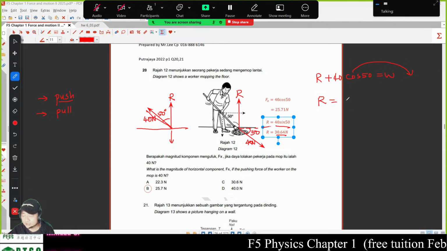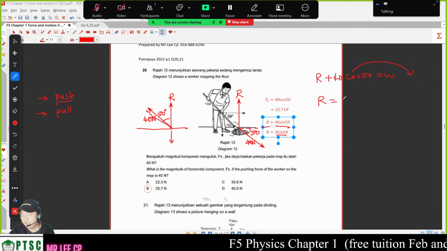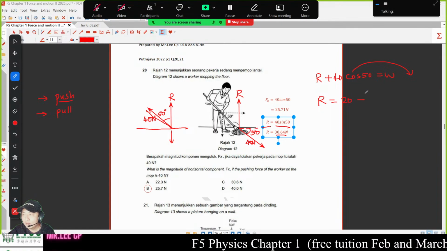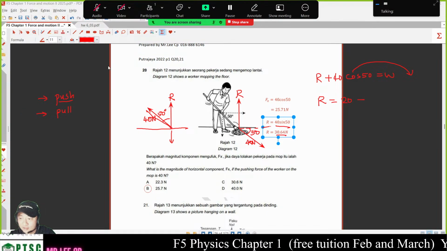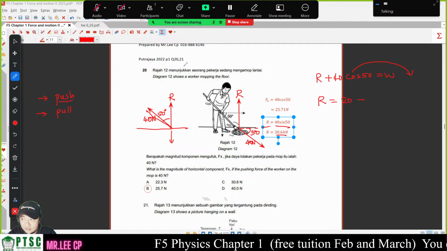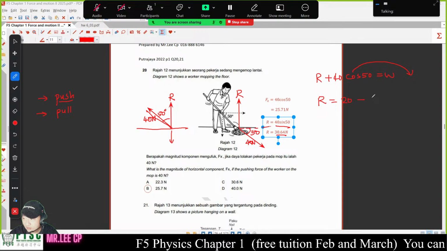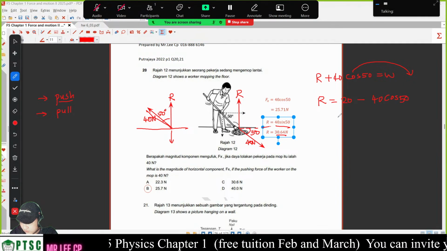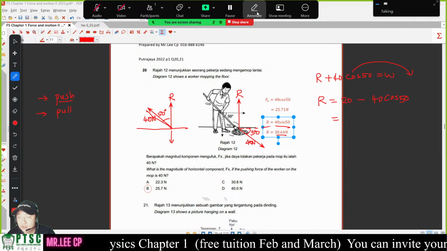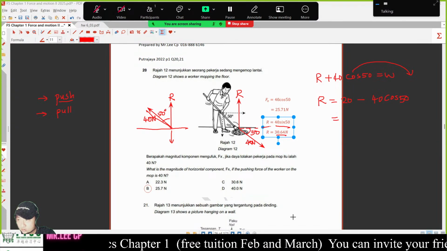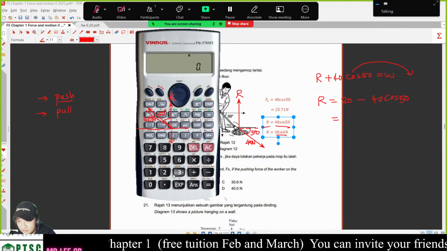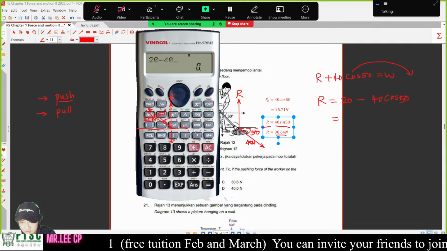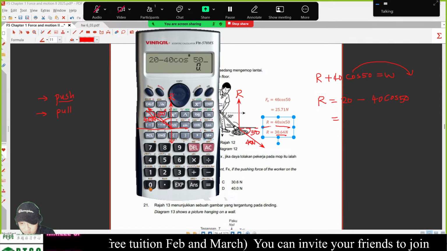Let's say there is a weight of 20 Newton, whatever. 20 minus 40 cos 50. Oh, I'm afraid it is a negative answer. Hopefully not.